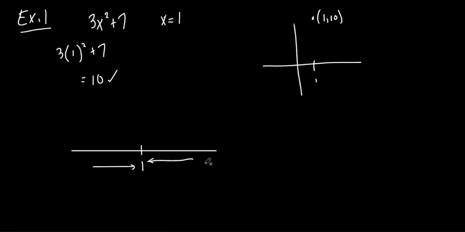So I'm approaching it from the right side and the left side. Here's where I think it might make a little more sense. Let's do a little chart. We're going to go from left to right. So I'm starting here. I get closer and closer. So give me an x and a y.